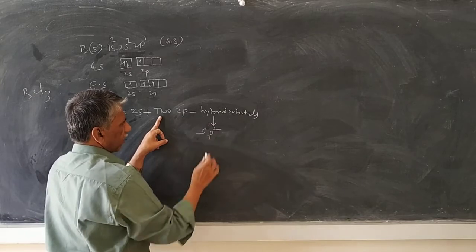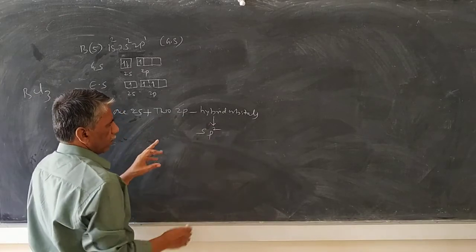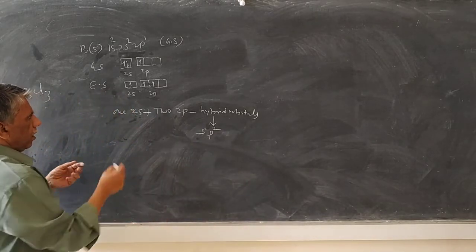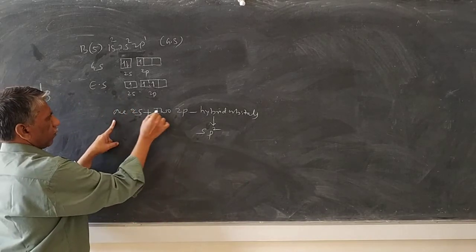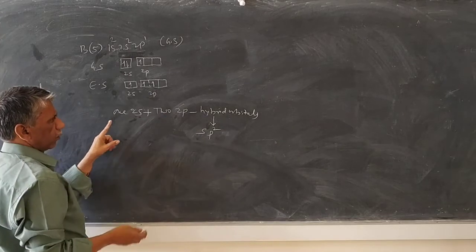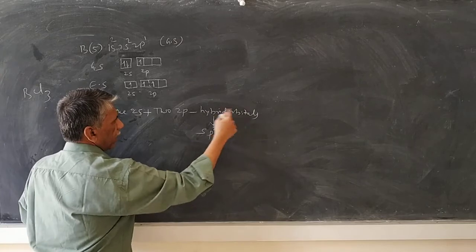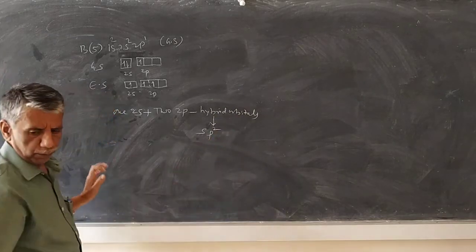Simply you can call it sp2. Okay? You will get sp2 hybrid orbitals. Just add 1 plus 2. Totally how many you have? 3. So I will get 3 hybrid orbitals, and the name of the hybrid orbitals is sp2.